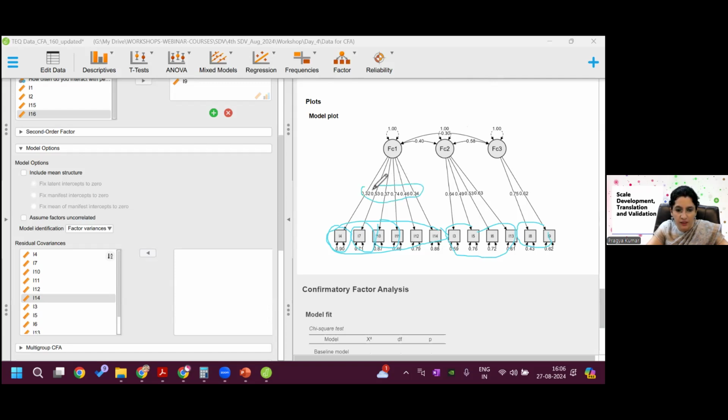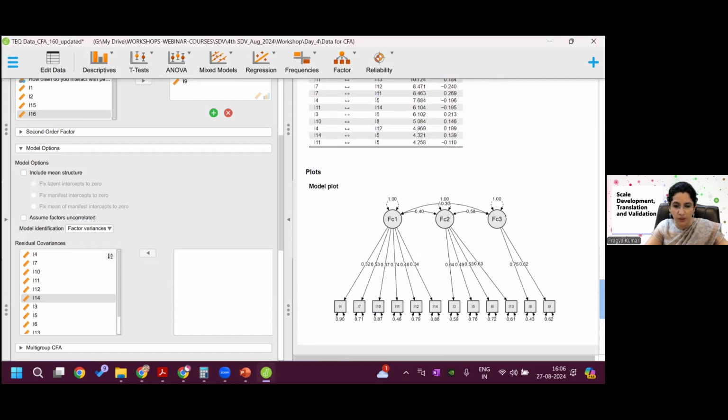If you see the values 0.32, 0.53, it takes some time. So 0.32.